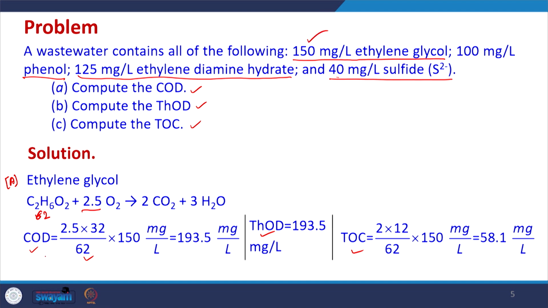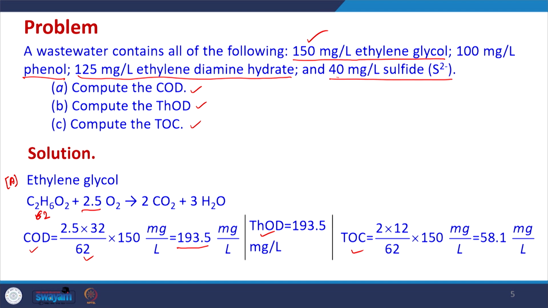That means the COD incurred because of ethylene glycol is 193.5 milligram per liter. Now, we have to find out the THOD. For THOD the same formula applies, so the THOD is the same as COD, 193.5 milligram per liter.